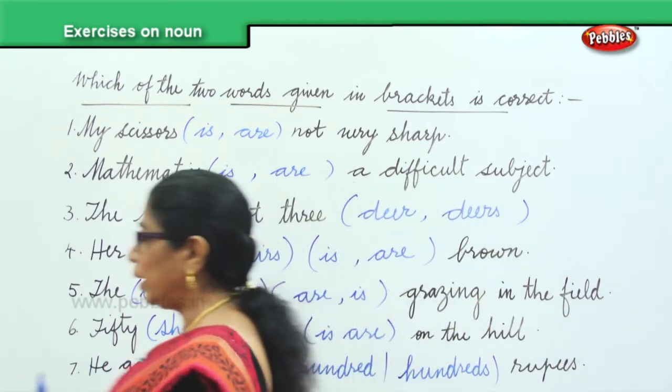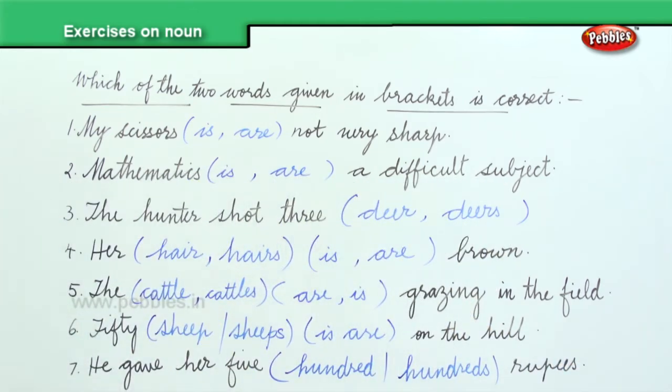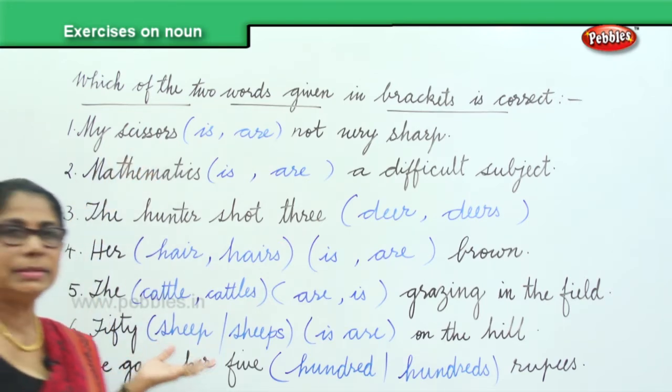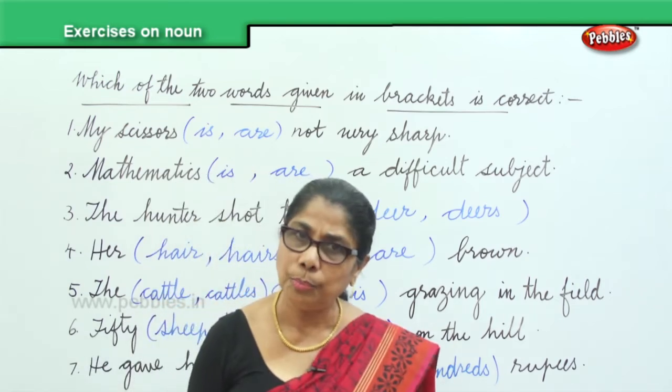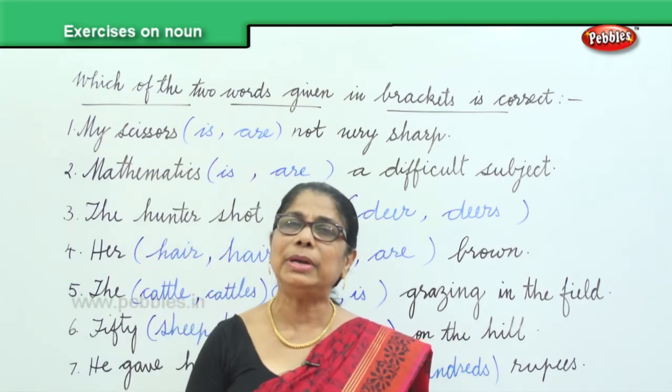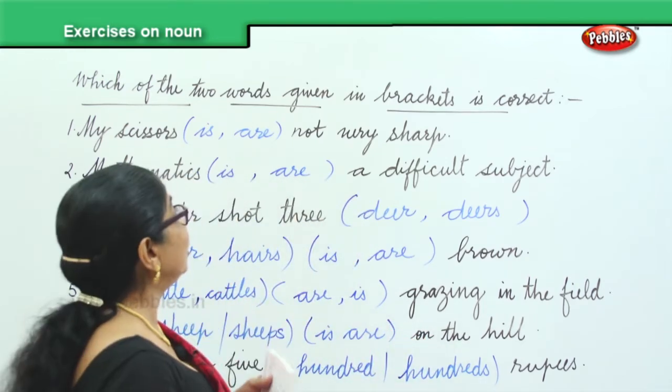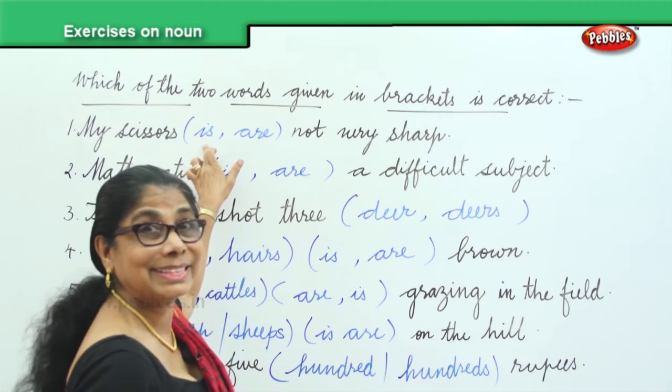Okay, let's look at all the sentences I have given you, and now we are going to look at what is correct. Now the first sentence: My scissors are not very sharp. When you say scissors, it has got two bits, so it's always plural. So you cannot use singular s.